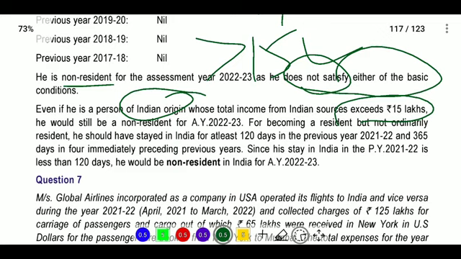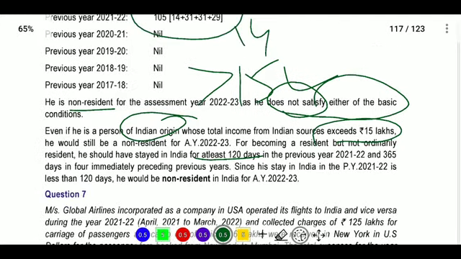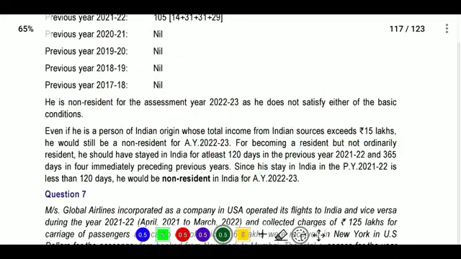So he should stay in India for at least 120 days. So instead of 182 days, we will take 120 days. It will be seen only for the additional conditions.